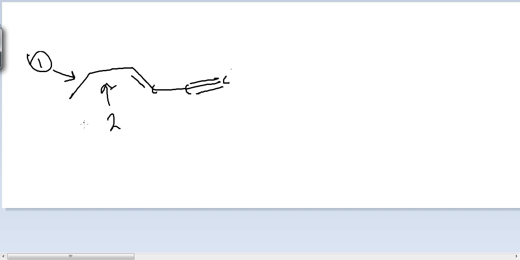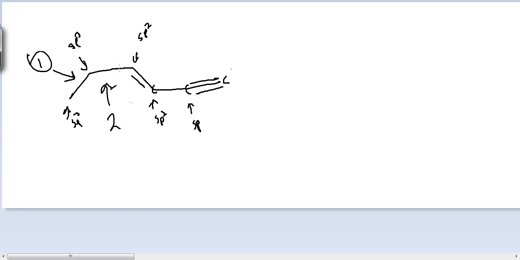Okay, so it wants us to label the shortest one. As we can see, this carbon and this carbon are going to have more percent s character because this is an sp2 and this one is an sp. There's going to be more percent s character in this single bond than in this single bond and this single bond, because this is an sp3, this one is an sp3, and this one is an sp2 hybridized carbon.